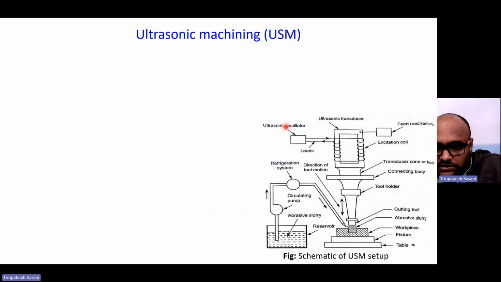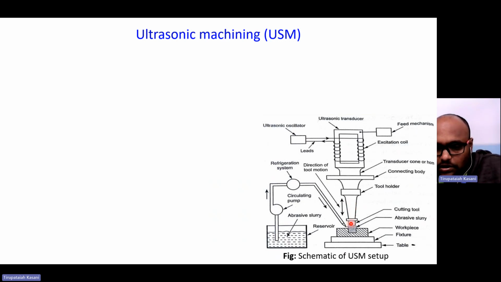The power supply is given, it vibrates with higher frequency and low amplitude, and it is amplified using this transducer. Now it oscillates in this direction with higher amplitude, and this tool is also vibrating, moving in this direction, top and bottom.